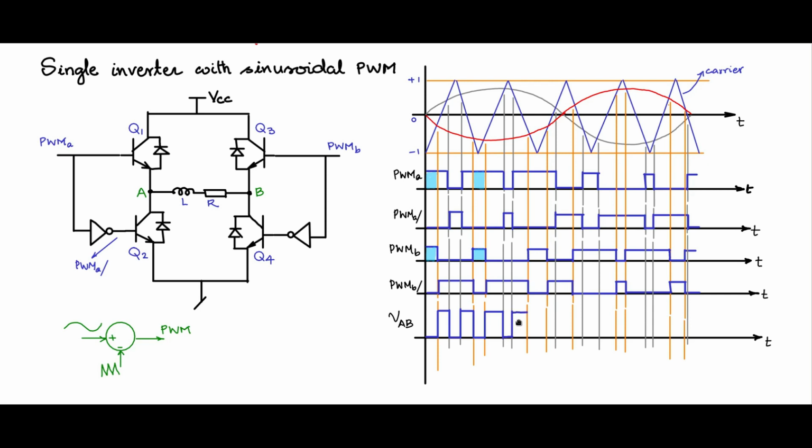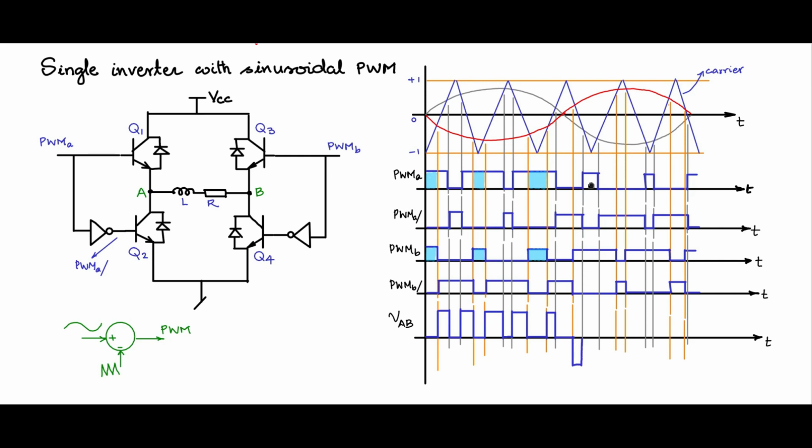Again PWM-A goes high, PWM-B being 0. Here PWM-A and PWM-B are same, cancel and become 0. And here you have PWM-A, both are 0 here. And at this point you have PWM-B, which is positive, PWM-A is 0, so it goes negative here.